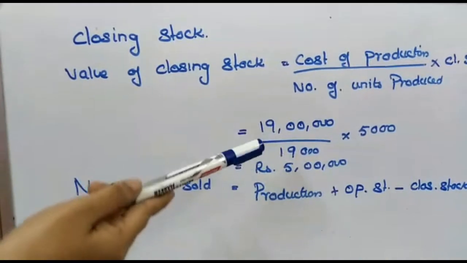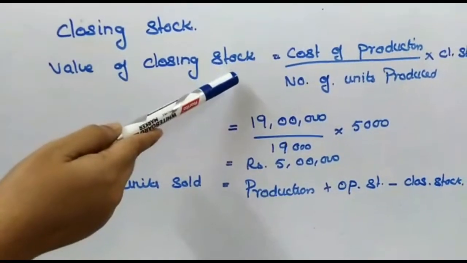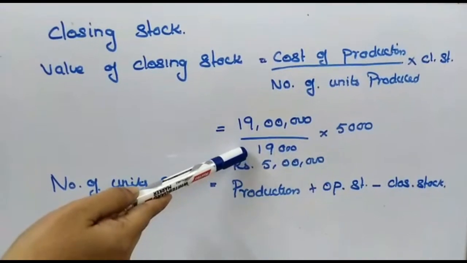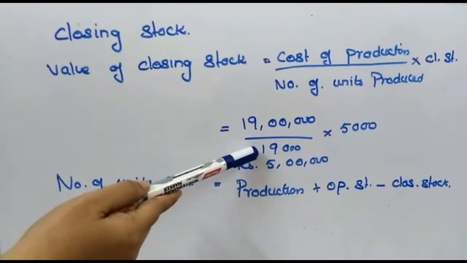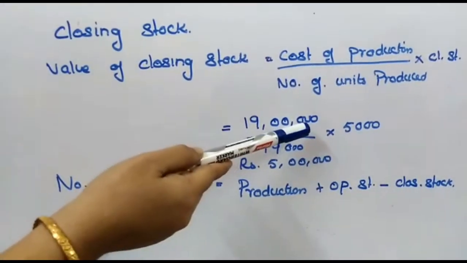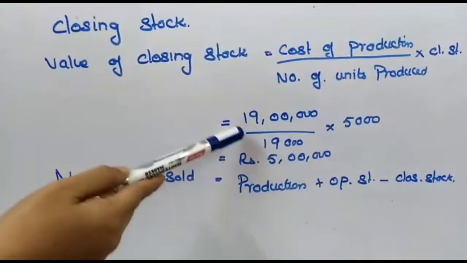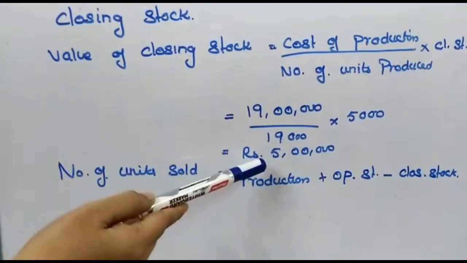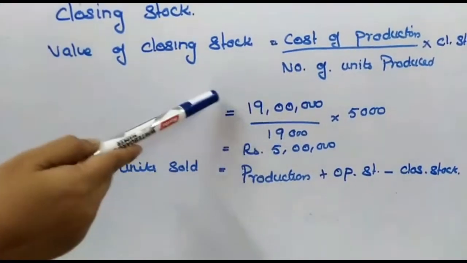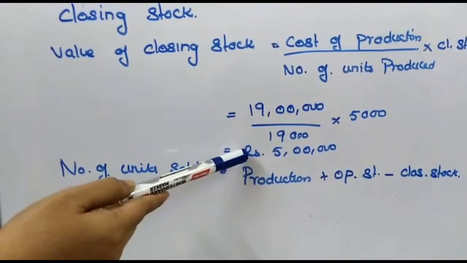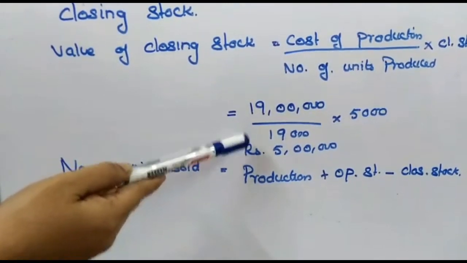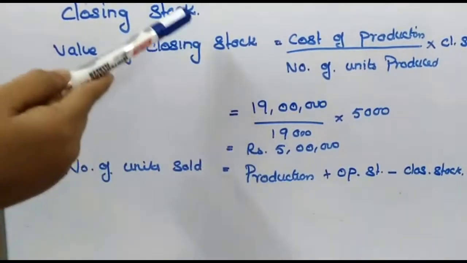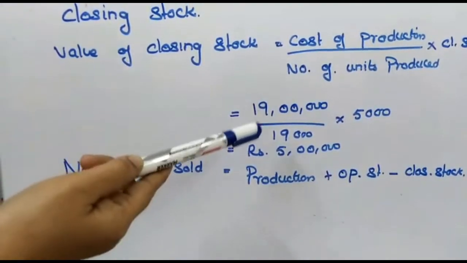For example, if the cost of production is 19 lakhs, the units produced, as given in the problem, are 19,000, and the units of closing stock are 5,000, we get the answer as rupees 5 lakhs. So by this formula we can get our closing stock. This amount we will less from the cost of production in our cost sheet.